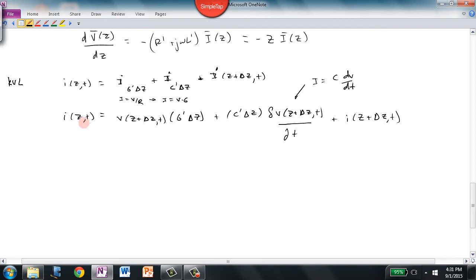And what we want to do next is just convert that over to phasor form. So that's going to be I of Z is equal to V bar of Z plus delta Z times G prime delta Z. Next, we're going to use the same trick that we used for the inductor, in that the derivative of the phasor voltage is just going to be j omega times the phasor voltage.